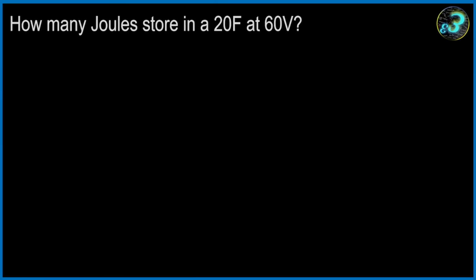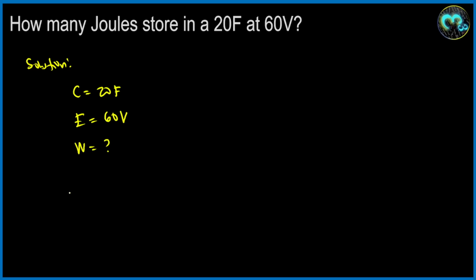How many joules are stored in a 20 farad capacitor at 60 volts? Solution. Ang given po natin, the capacitance is 20 farad, and the voltage is 60 volts. Ang hinahanap po is the energy in our capacitor.